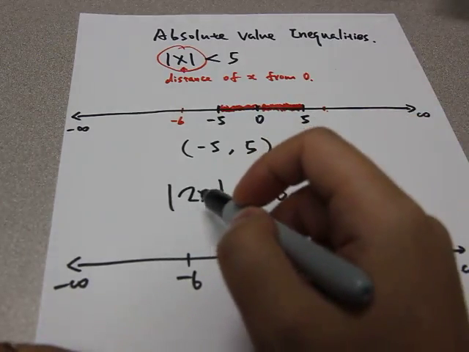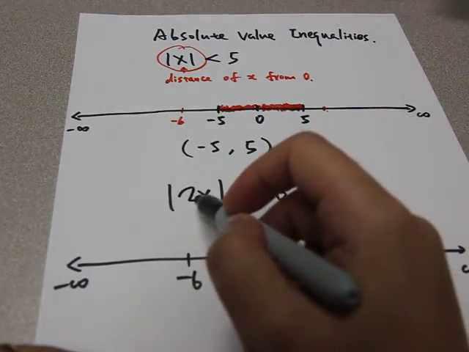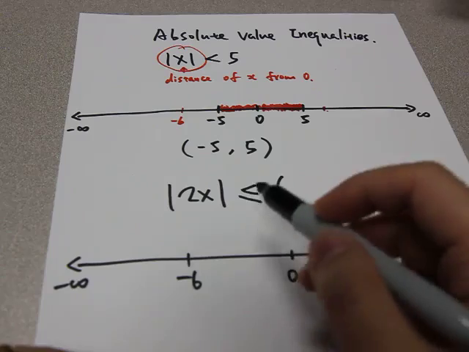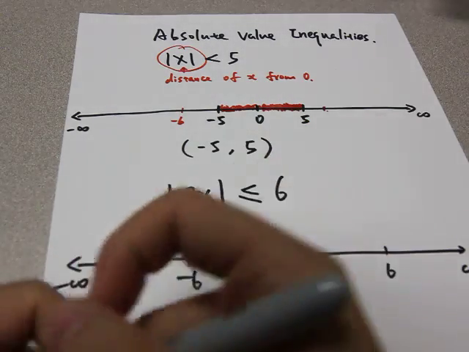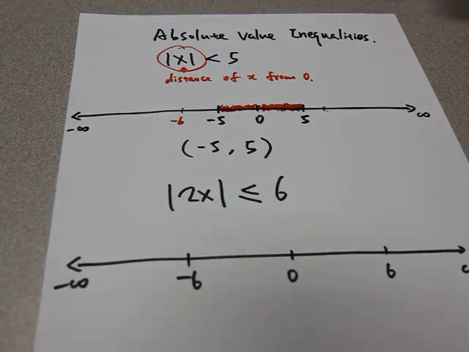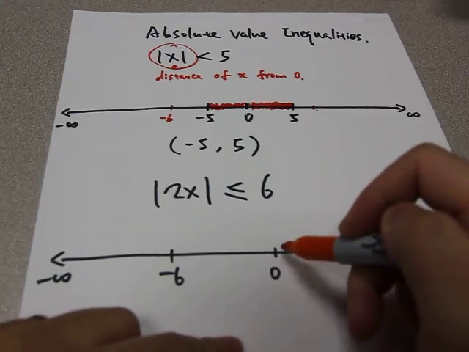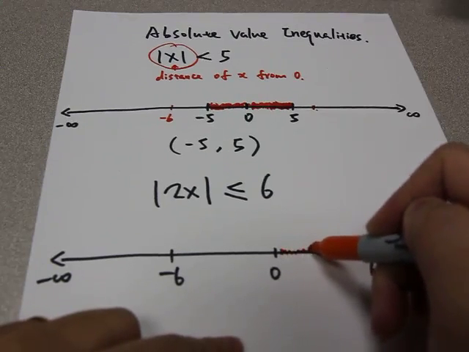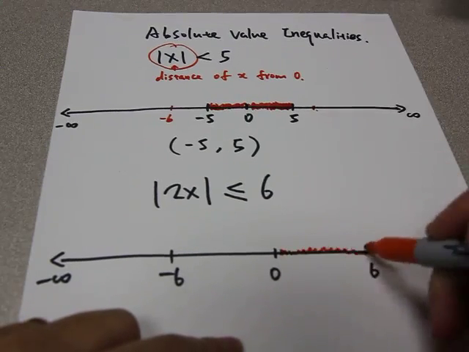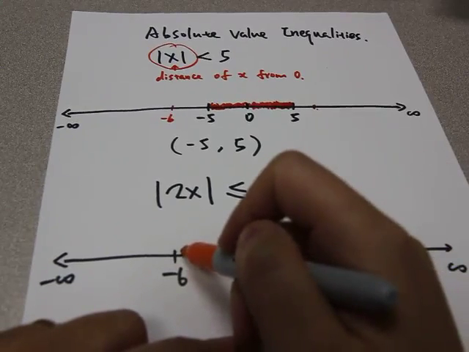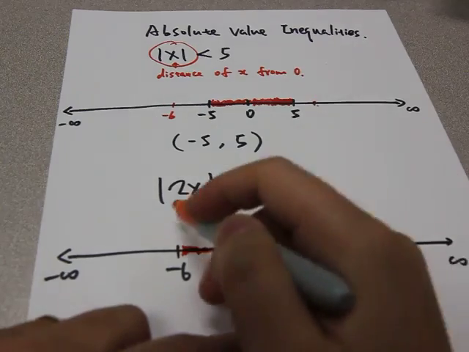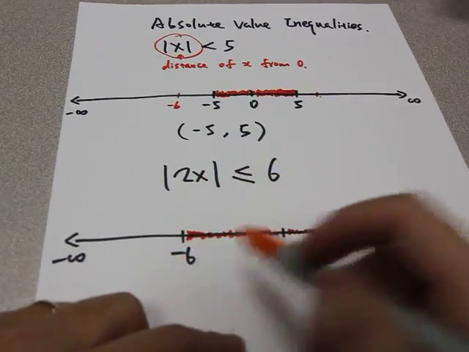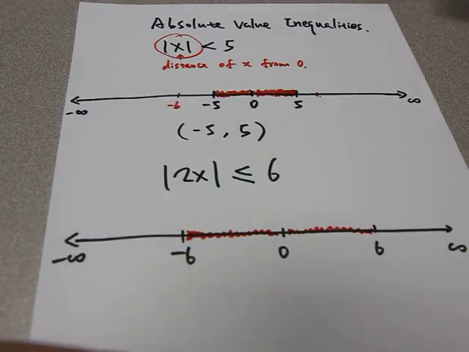The distance between 2x and 0 is less than or equal to 6. So we think about where 2x could be, right? 2x can only be less than 6, and 2x can only be greater than negative 6. So 2x can only be between negative 6 and positive 6, right?